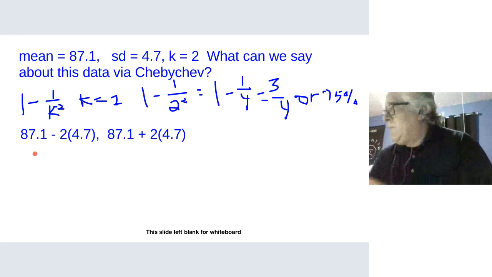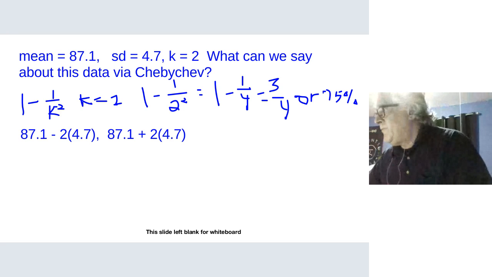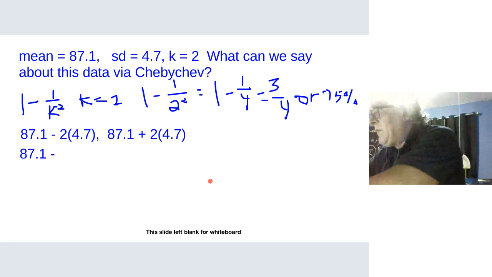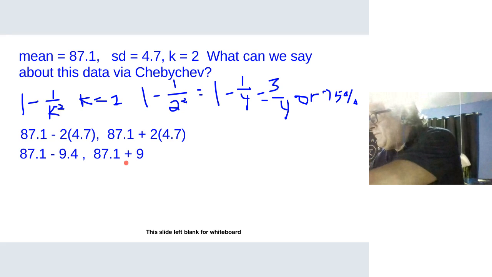So that's 87.1 minus 9.4 and 87.1 plus 9.4.